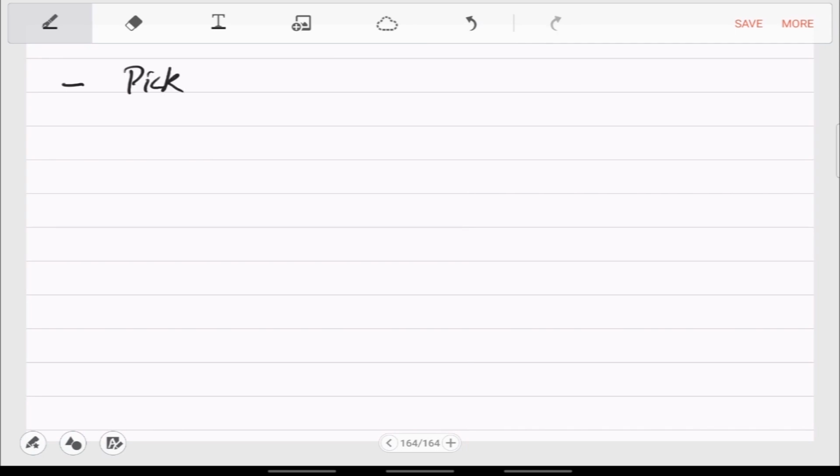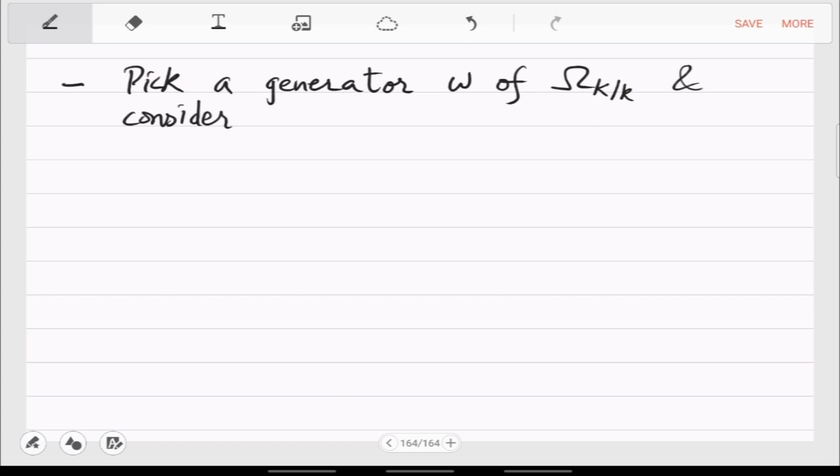So pick omega and consider its associated divisor d omega.